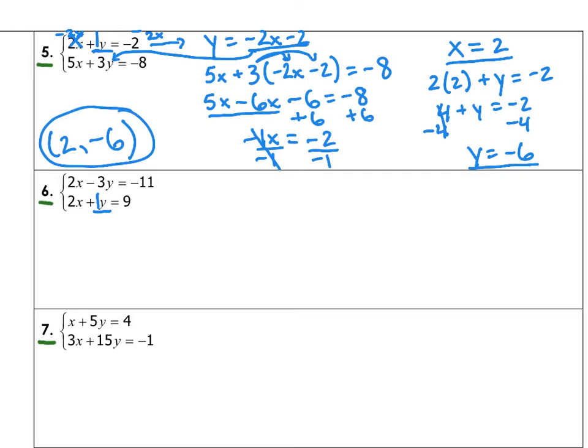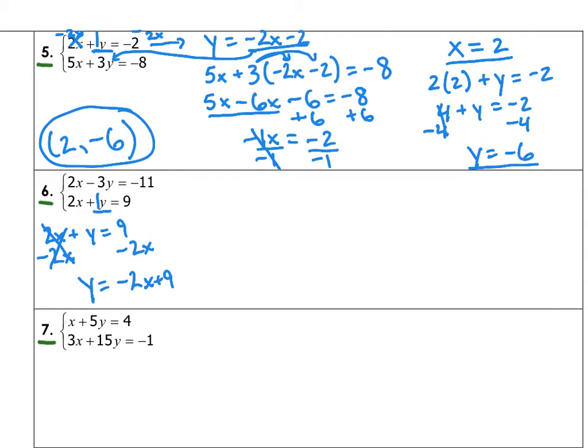Now if I go to do this then, 2x plus y equals 9. I want to get rid of that 2x so that way y is by itself. So I'm going to subtract 2x from both sides, because what I do to one side I do to the other. These two x's cancel out, and y is equal to negative 2x plus 9.